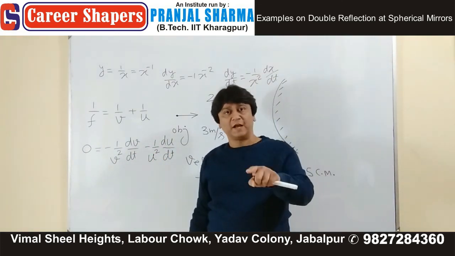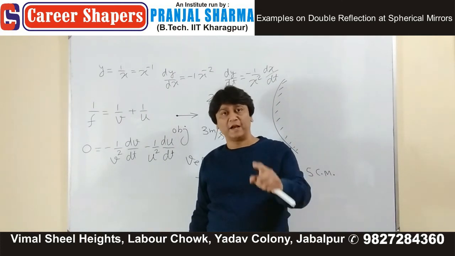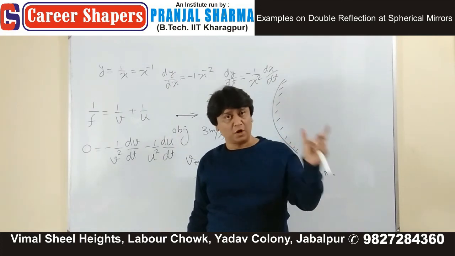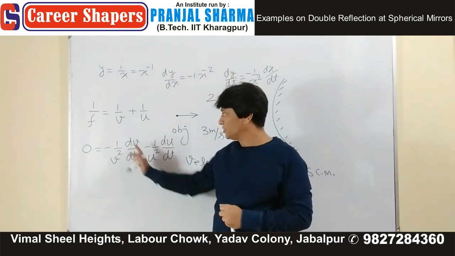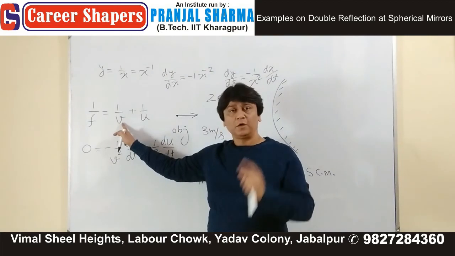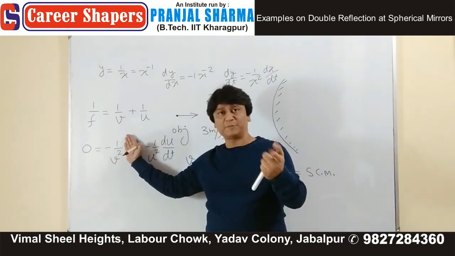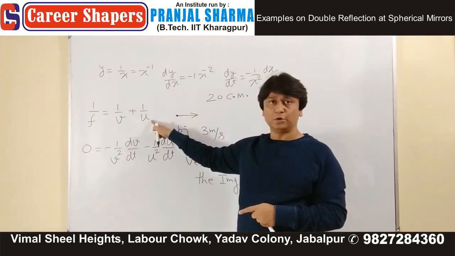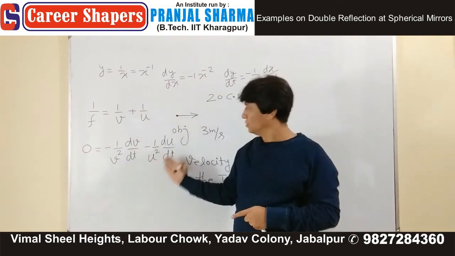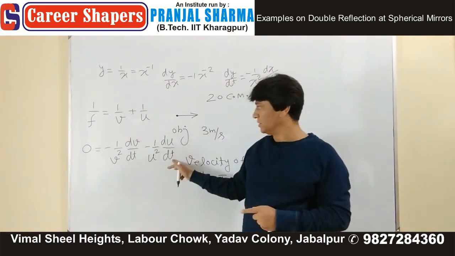Differentiation of sine x with respect to x is cos x, but differentiation of sine x with respect to t is cos x multiplied by dx by dt. So differentiation of 1 upon v with respect to v is this much, but with respect to t, multiply by dv by dt. Differentiation of 1 upon u with respect to u is this much, but with respect to t, multiply by du by dt.